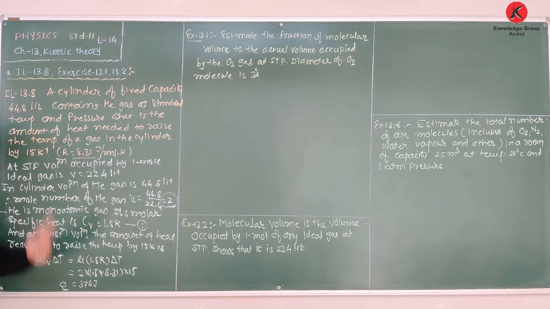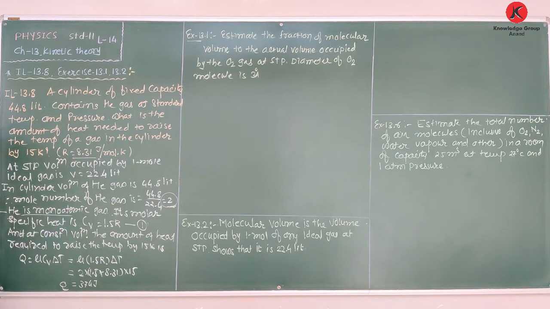Complete? Okay. After that, helium is a monoatomic gas. For a monoatomic gas, the value of molar specific heat at constant volume is 1.5 into R. Keep in mind that helium is a monoatomic gas.